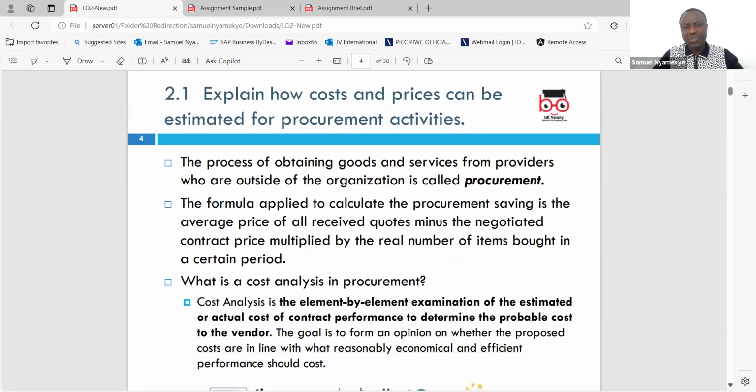And then we also want to say that when it comes to the process of obtaining goods and services, which obviously means we have to engage people outside, this is where we see the need for us to look at what cost is all about. We'll have to put systems in place to measure the cost we are dealing with and see how best we can make it as efficient as possible through the tools of negotiation.